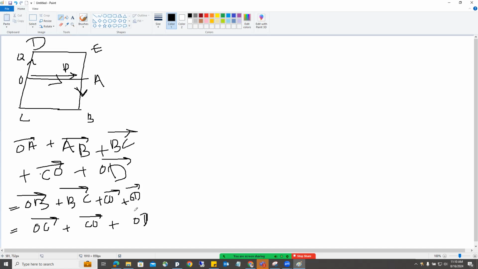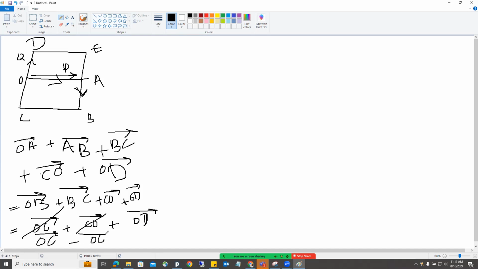Now what will happen? OC plus CO, these two will cancel because the magnitude is the same but the directions are different, right? Because for this CO we can rewrite it as minus OC.